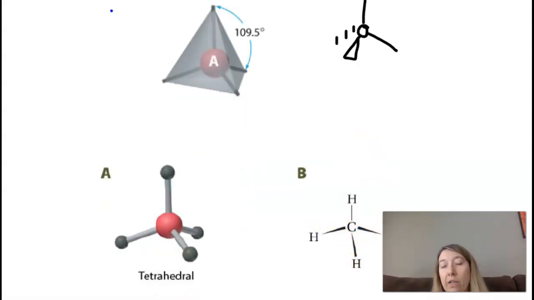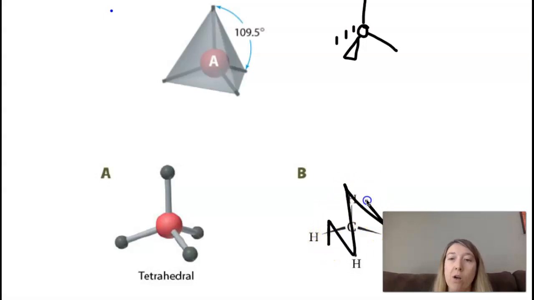So down here, you have CH4. This one probably isn't the best because it has one coming towards you, two going away from you. I would suggest ignoring that option and just sticking with this one. So two in the same plane, one coming towards you and one going away from you.